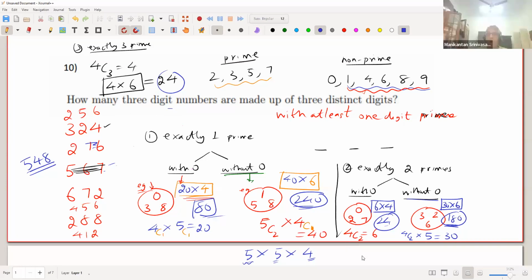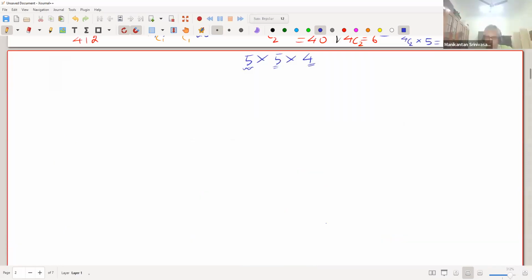So I'll write it down for you here. I'll say the total number of 3 digit numbers with 3 distinct digits, right? In fact, this is what we started off by doing, 648 or whatever the answer was.